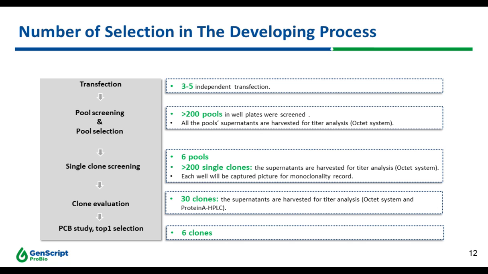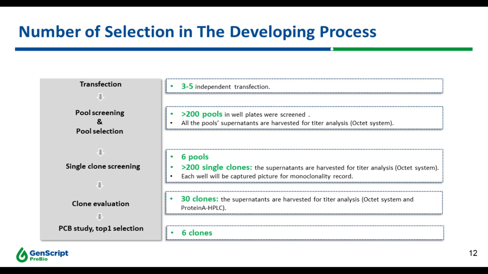So the number of selections in the development process is as follows. You start from 3 to 5 independent transfections, and then you generate more than 200 pools in 24-well plates. Okay, and you screen the titers. And then you generate 6 pools, and from these 6 pools you screen more than 200 single clones.